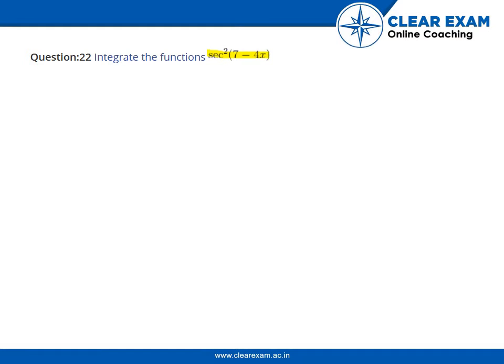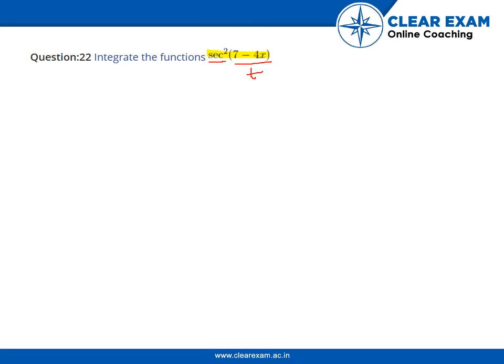As soon as you see the expression sec square t, we remember that the derivative of tan x is sec square x, or the perfect integral of sec square x exists, that is tan x.